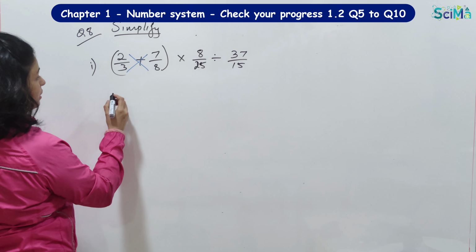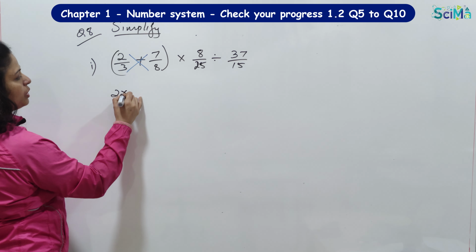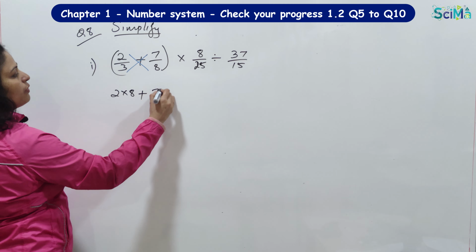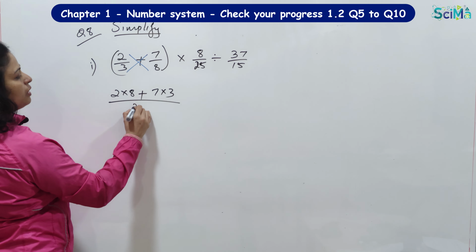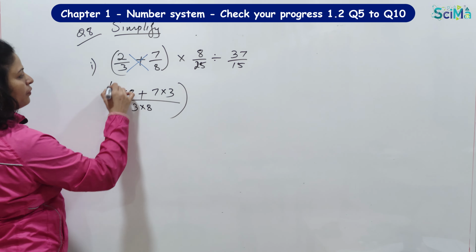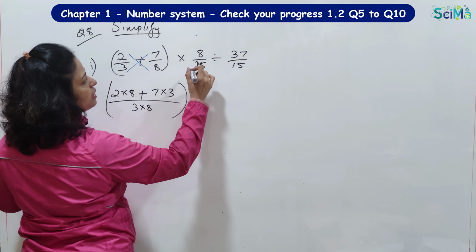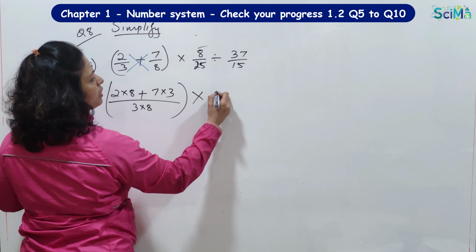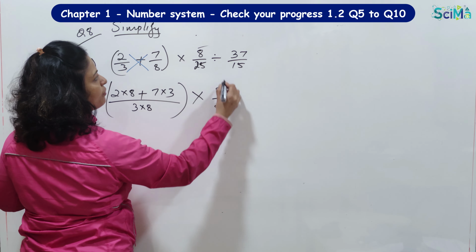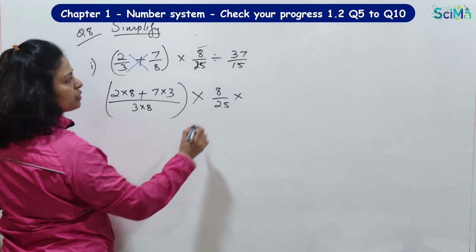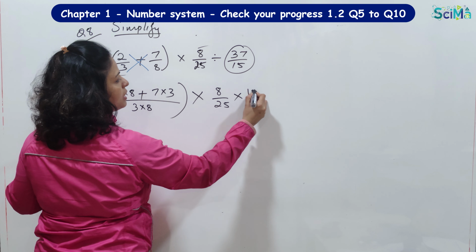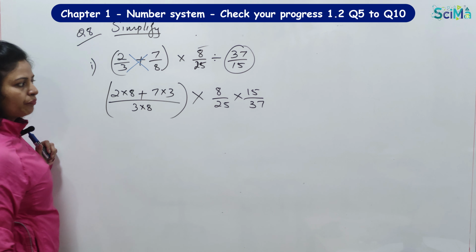We will cross multiply: 2 into 8 plus 7 into 3 by 3 into 8. Here, see, you can even solve this also. You can take the 8 by 25 division, convert it into multiplication and take the reciprocal of this, that is 15 by 37.